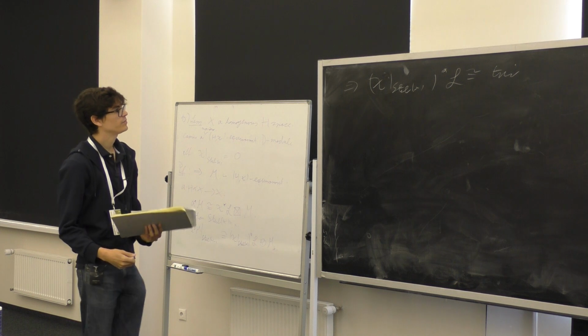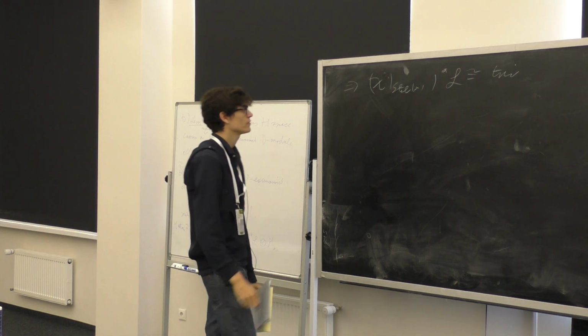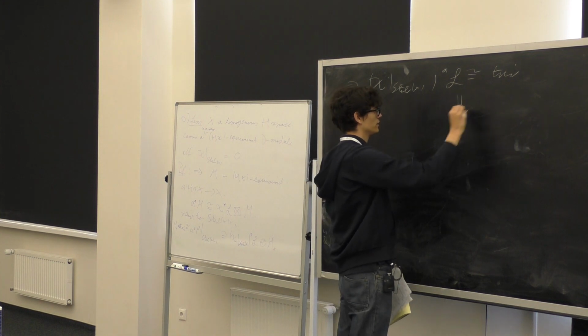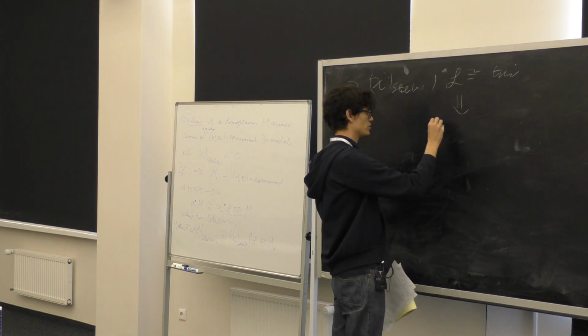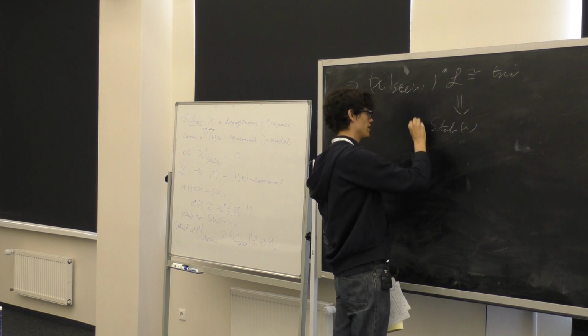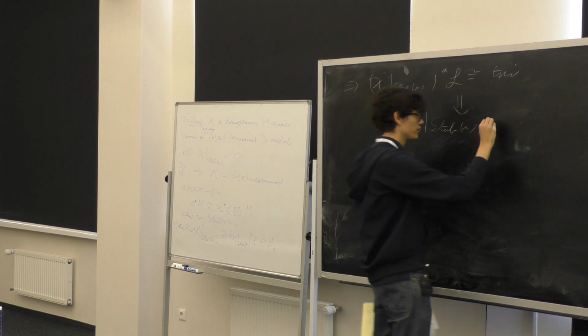And because this is a map to GA, it actually splits. So this implies that, if it's surjective, chi restricted to the stabilizer of x is 0.